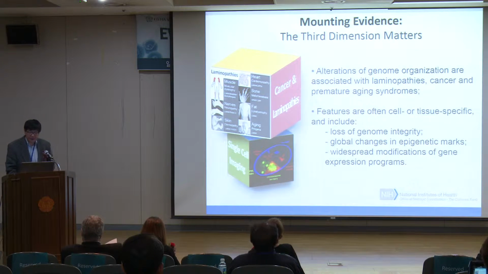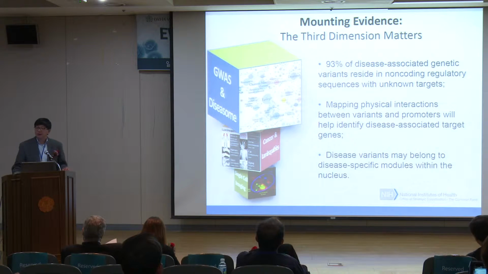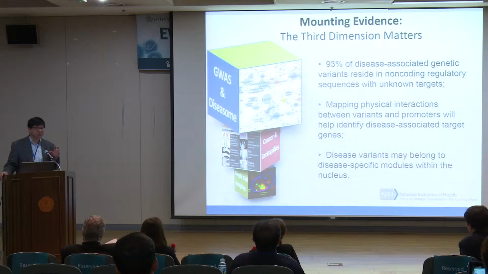They are also related to disease, and many of those are involved in genome stability and instability. They are all related to how the genomes are organized. We also found that a large majority of the genetic variants identified so far are located in the non-coding regions. So how that information could affect how the genome is organized is a key question that we're trying to address.